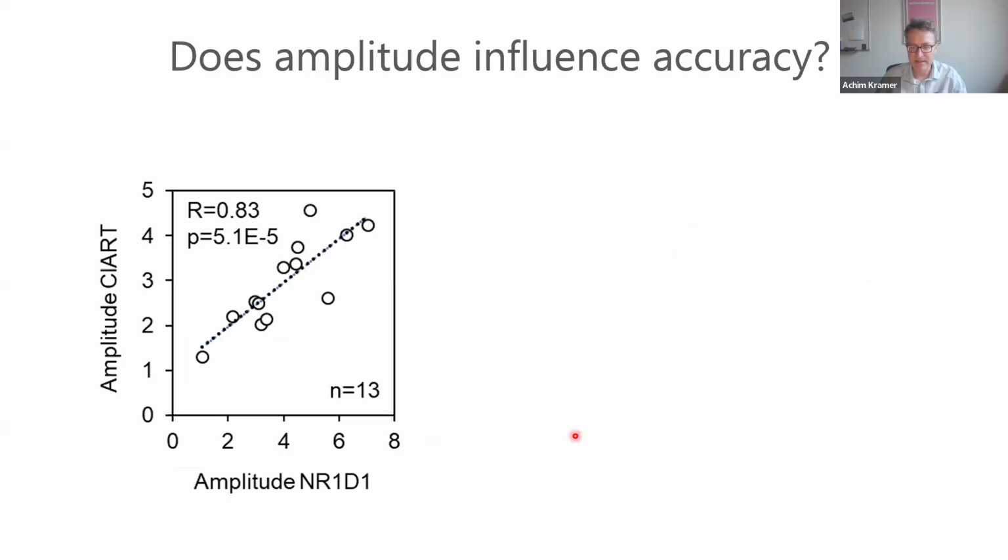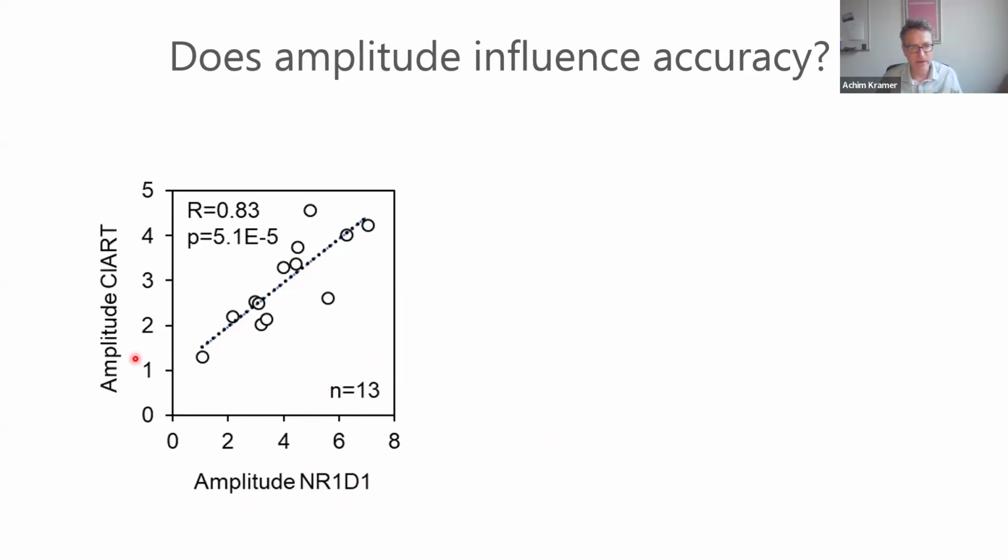And there is not a gold standard for circadian amplitude yet in the field. So it's not cortisol amplitude or core body temperature amplitude or melatonin amplitude. So we looked at molecular amplitude and asked first, are the molecular amplitudes correlated? So again, the 13 individuals, looking at the amplitude of this gene versus this gene.